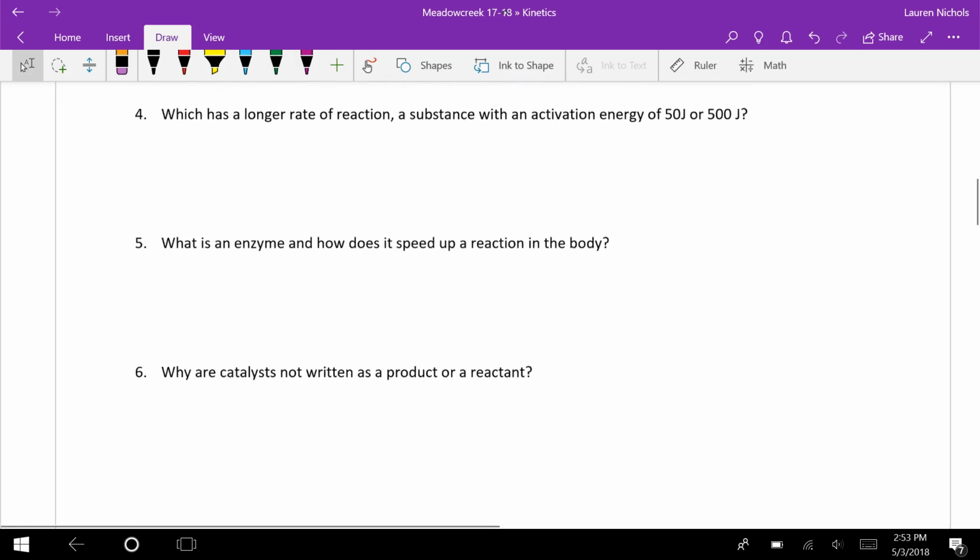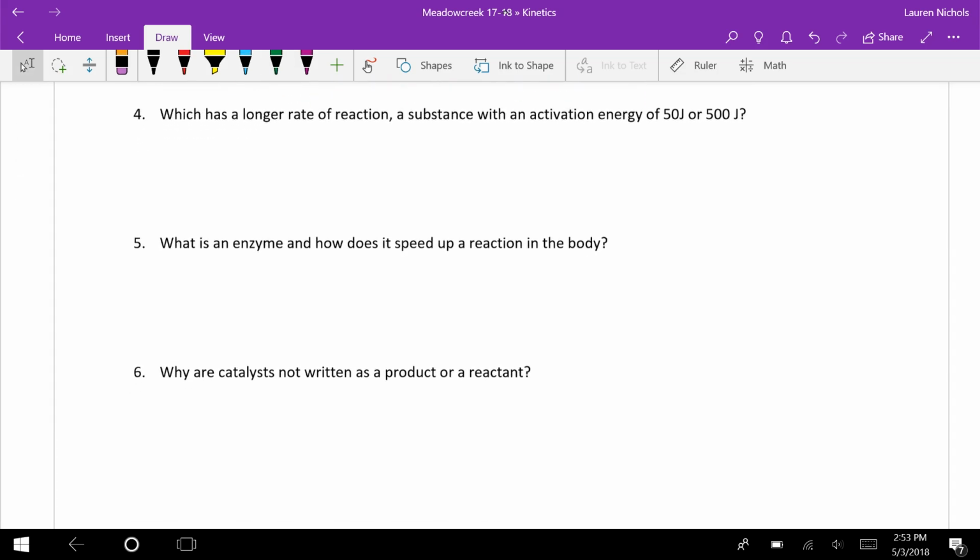So let's look at number 4. Which has a longer rate of reaction? A substance with an activation energy of 50 joules or 500 joules? Well, I like to think of this as a picture. Okay, so let's say we draw our two graphs. They both start out, their reactants are both starting out at 50.